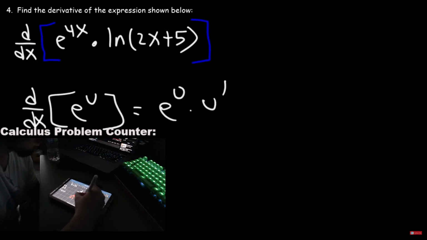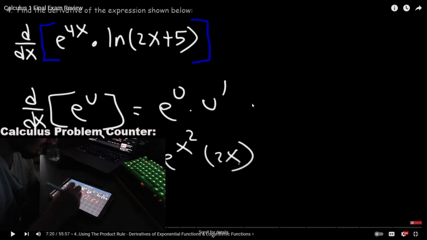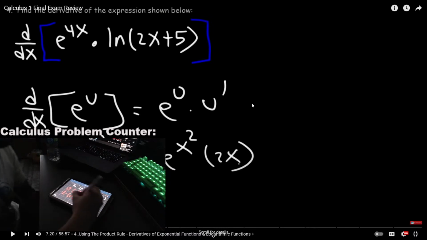So let's say if I wanted to differentiate e to the x squared, it's going to be e to the x squared times the derivative of x squared, which is 2x.